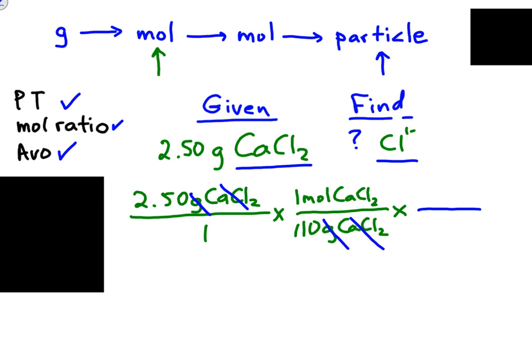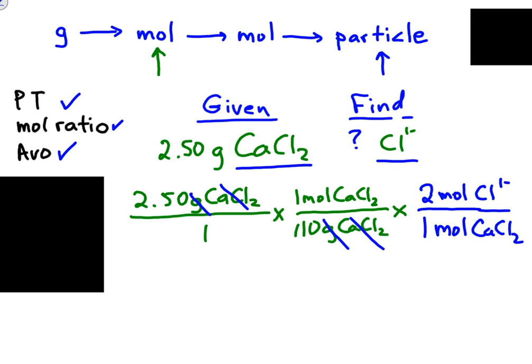But now we want to use the mole ratio to get into chloride. So, how many calcium chlorides do I have in that ratio? 1. Okay, so 1 mole calcium chloride is equal to 2 moles of chloride ions.